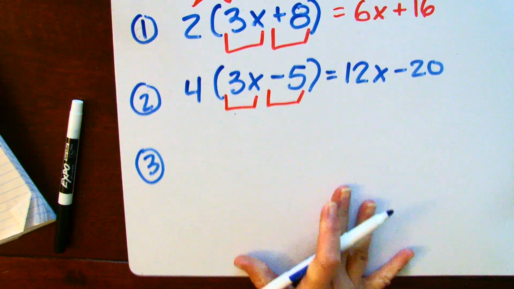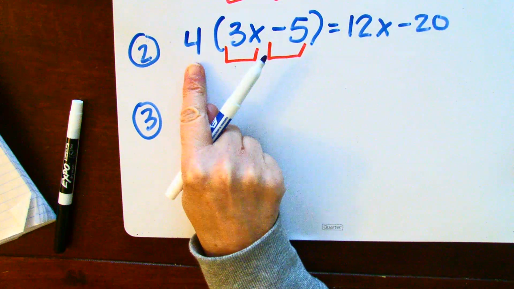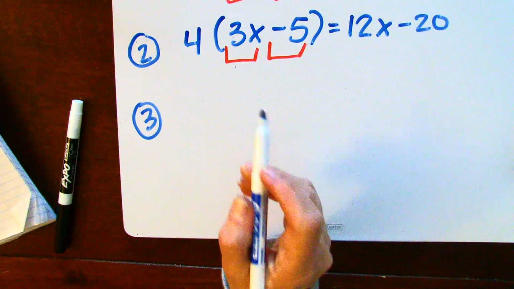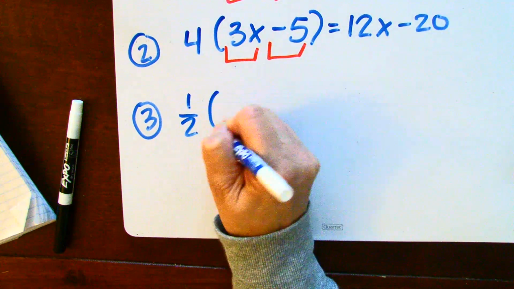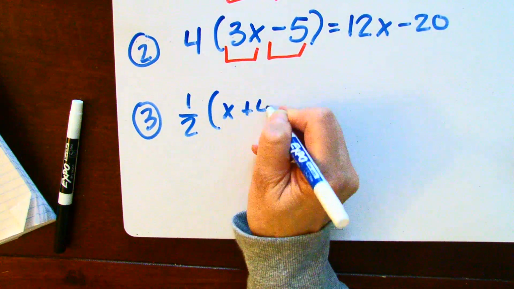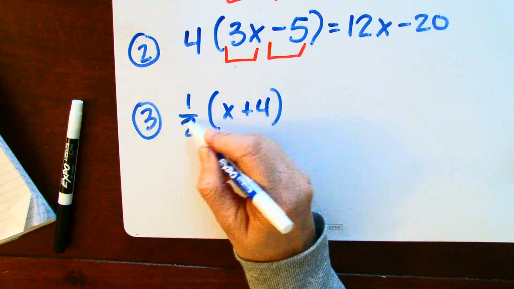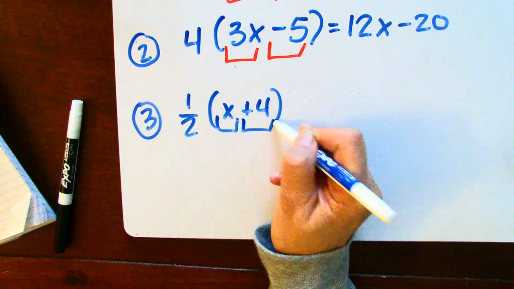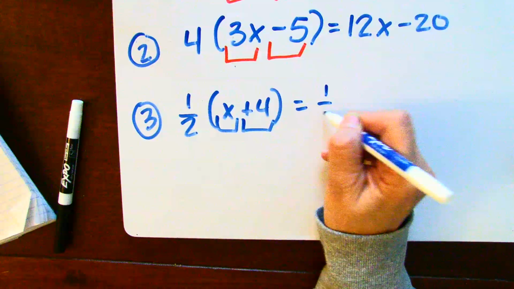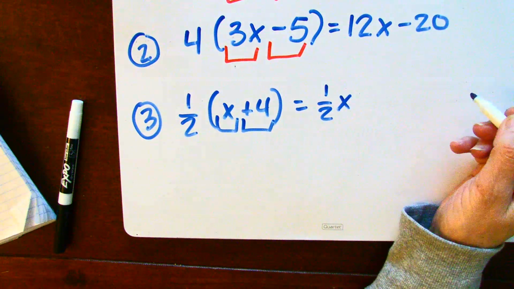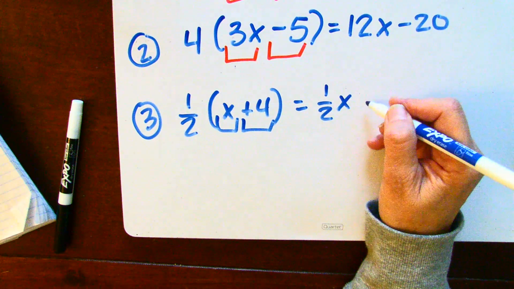In our next problem, instead of multiplying by a whole number, let's multiply by a fraction and then a decimal. In this example, we have 1/2 times x plus 4. Again, we're multiplying 1/2 to x and a positive 4. 1/2 times x is 1/2 x. And then 1/2 times a positive 4 is going to give us a positive answer.